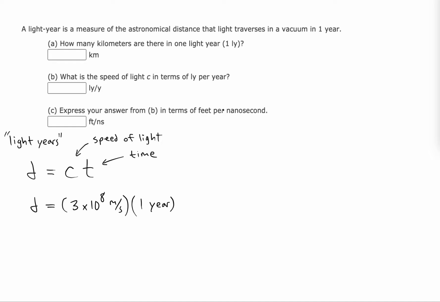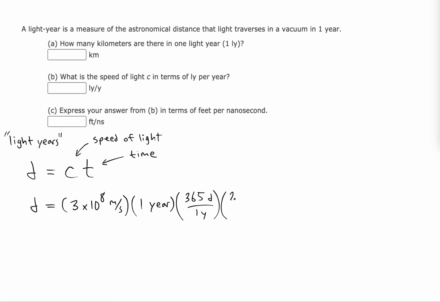So there have to be some unit conversions with the time units, because this is in seconds and that's in years. So we could multiply by the fact that there are 365 days in a year.